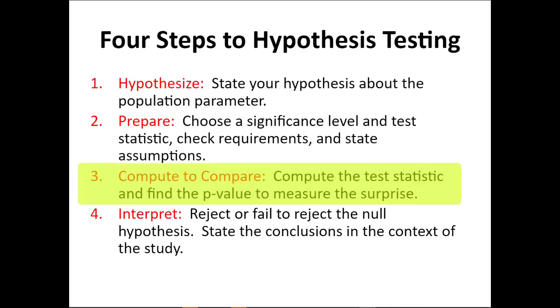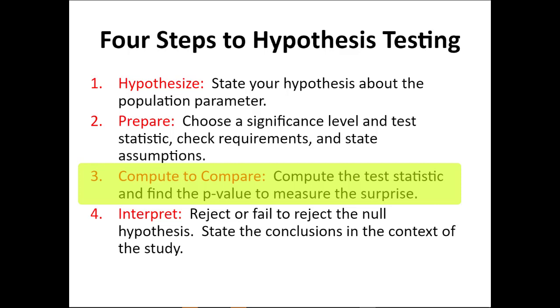Once you have completed the prepare phase, now you can go into the compute and compare stage. In that stage, you are going to be calculating your Z obtained. So you're going to be taking your sample value, either your sample proportion or your sample mean, subtracting the null proportion or null mean, and dividing that by the standard error. That will be your Z obtained.